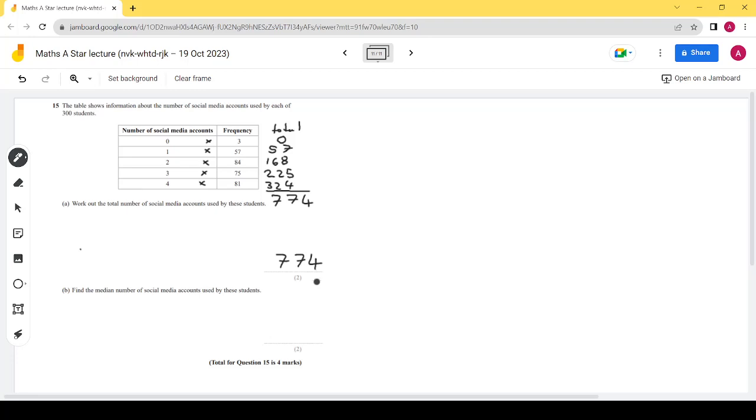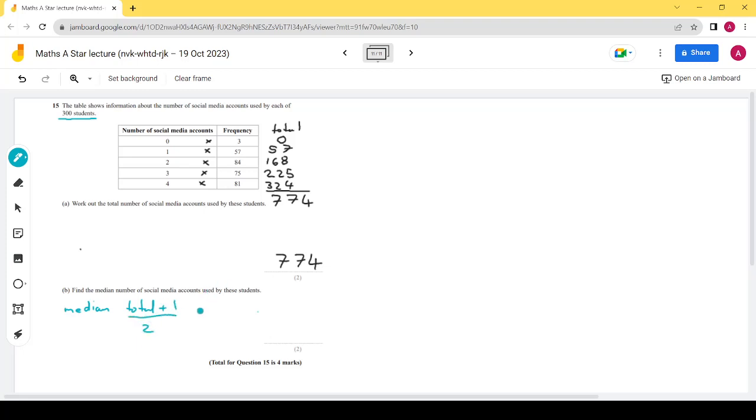All right. So next we've got to find the median number of social media accounts used by the students. To find the median of a group, we know there's 300 students in total, and so we need to find out which group the middle number is in. So median, this is a mathematical way to know where it is, equals total plus 1 divided by 2.